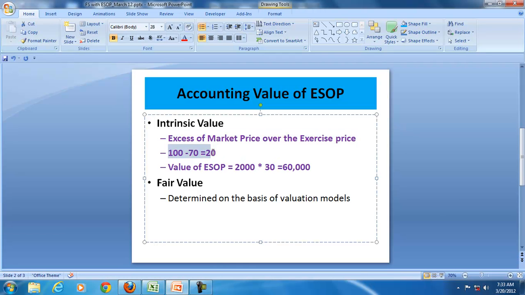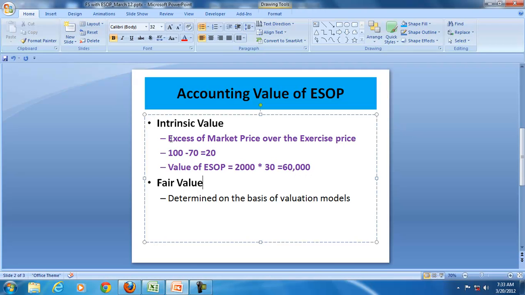In this case, the market price is 100 and the exercise price is 70, so the value of ESOP per share is 30. Since the company has issued 2000 shares, it is 30 into 2000, so the accounting value of ESOP is 60,000.